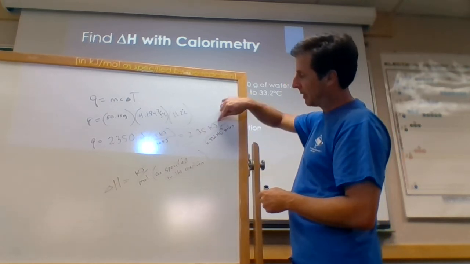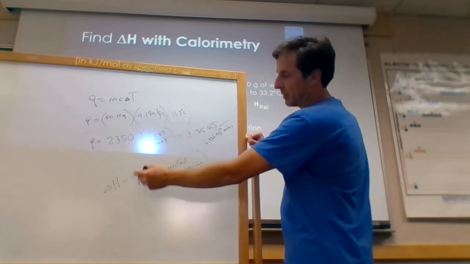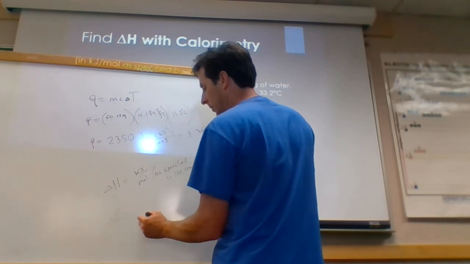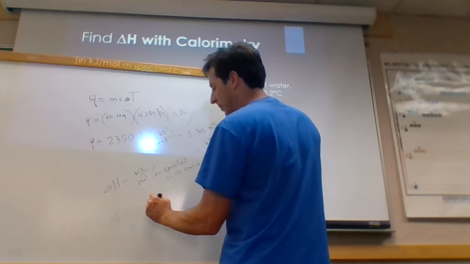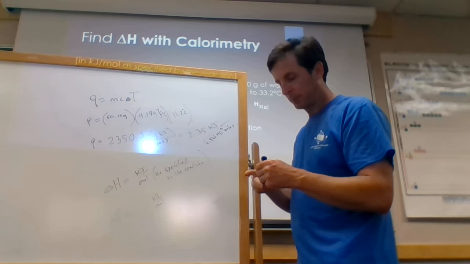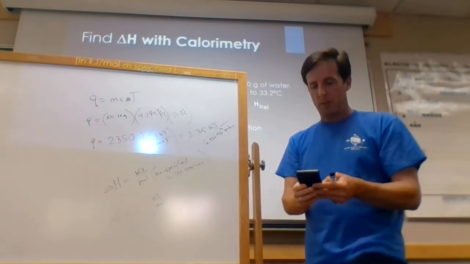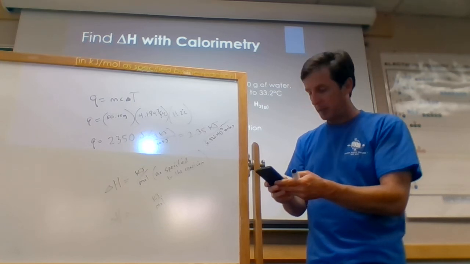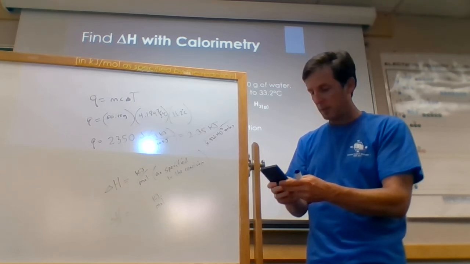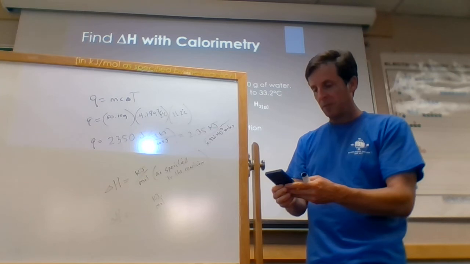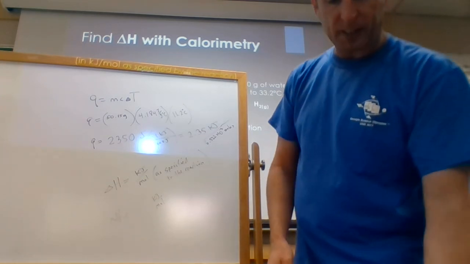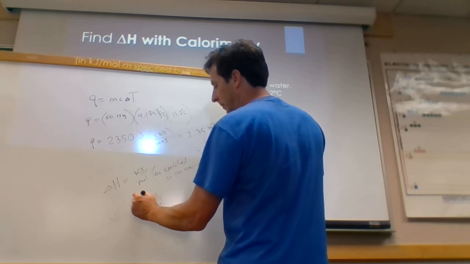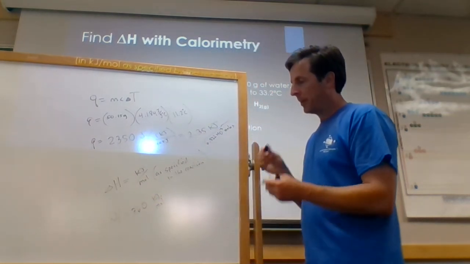So if I divide my kilojoules by my moles, that's going to give me kilojoules per mole. Okay, so let's divide that number. 2.35 divided by that, so I got 360.3. I'll just call it 360 kilojoules per mole.